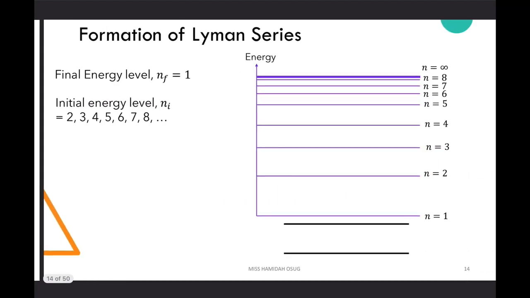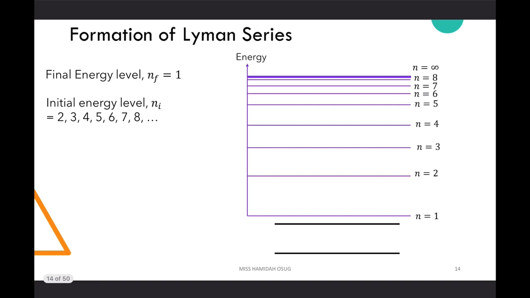Okay, so now let's take a look in detail how Lyman series is being formed. So we know that the final energy level for Lyman series is N equals to 1. So the electron will drop from the initial energy level 2, 3, 4, 5, 6, 7, 8, and so on.